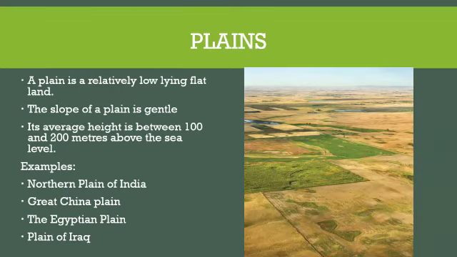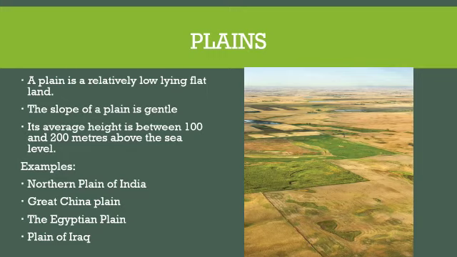The next relief or landform is the plain. You can see on your screen plain land, and a plain is a relatively low-lying flat land. The slope of a plain is gentle, which means it is a little bit uneven, otherwise it is flat land. Its average height is between 100 and 200 meters above sea level.